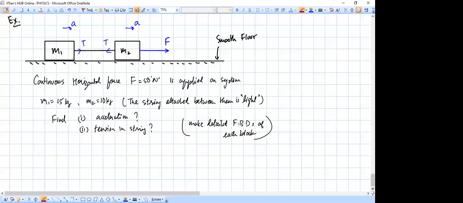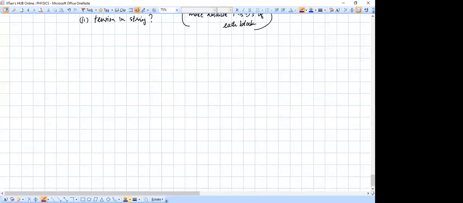So when we look at the block M1, the forces acting on it are tension horizontally, and of course there are vertical forces which will balance each other.